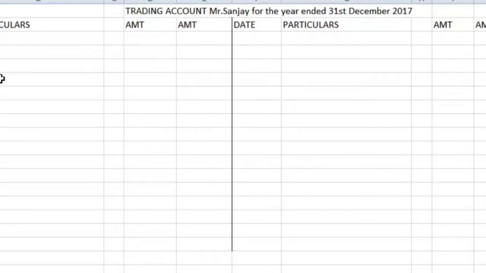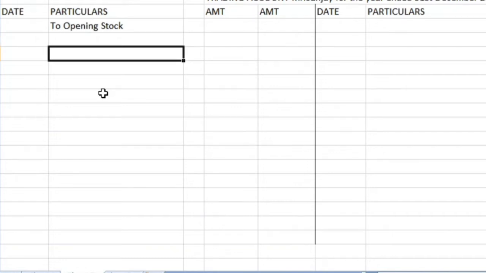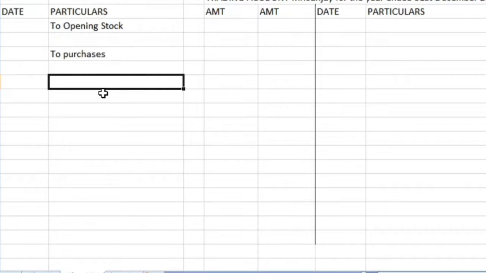Okay, so first let's start with the debit side. What is the first item on the debit side? It is going to be To opening stock. The next item is going to be To purchases. Then come all your expenses, the 7 expenses which we saw. So here the trick is, leave a line and write.